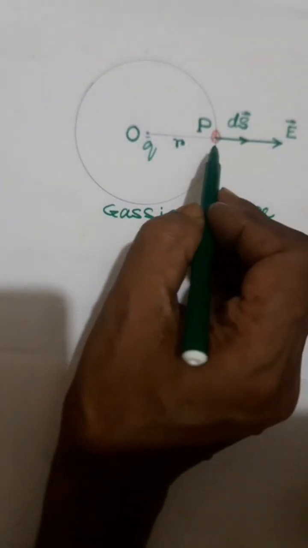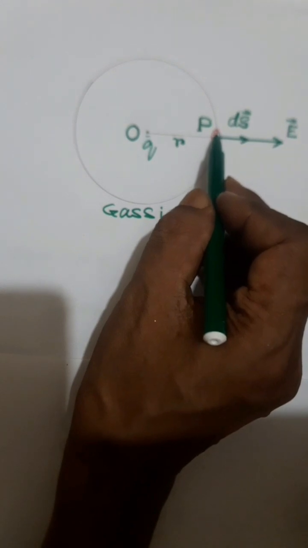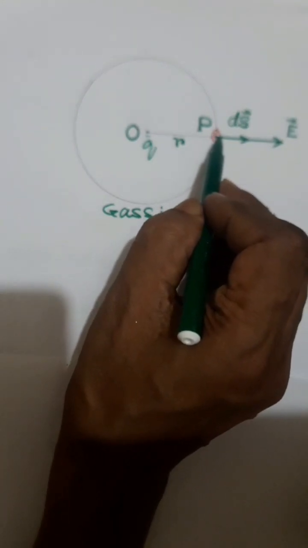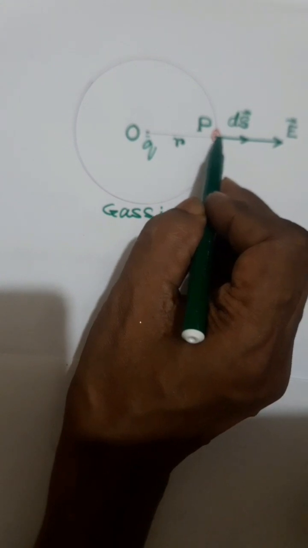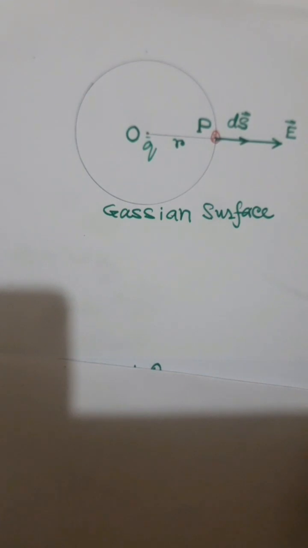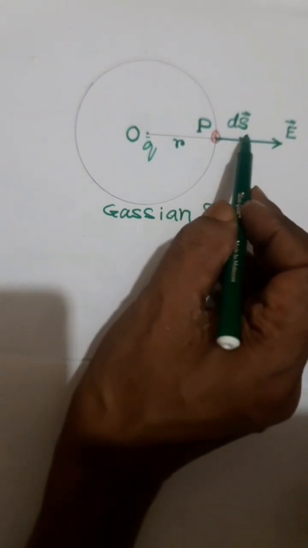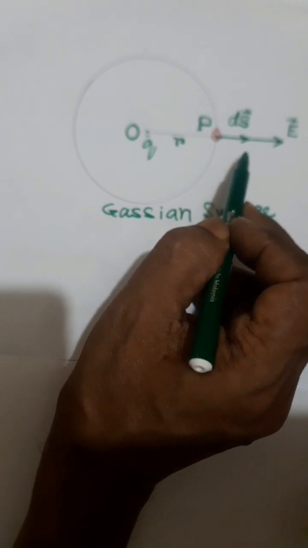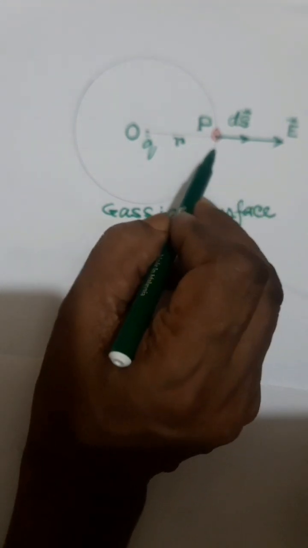We select a differential surface around P, ds. Its direction is outward normal to the surface along E. ds is a vector. Its direction is the outward normal to the surface.